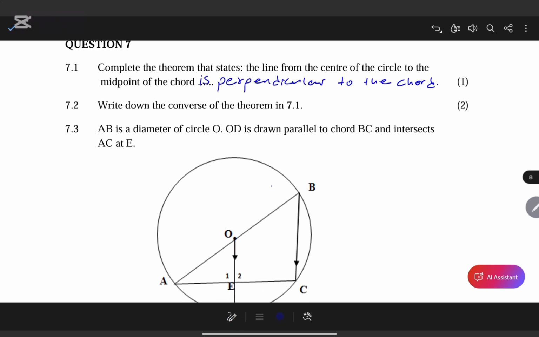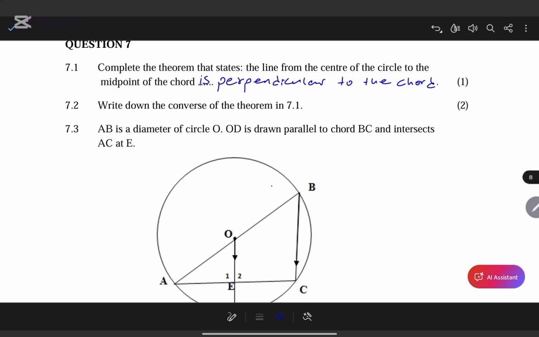Let's look at 7.2. They said, write the converse of this theorem. Now, the converse of this theorem says a line drawn from the center of the circle, perpendicular to the chord, bisects the chord.